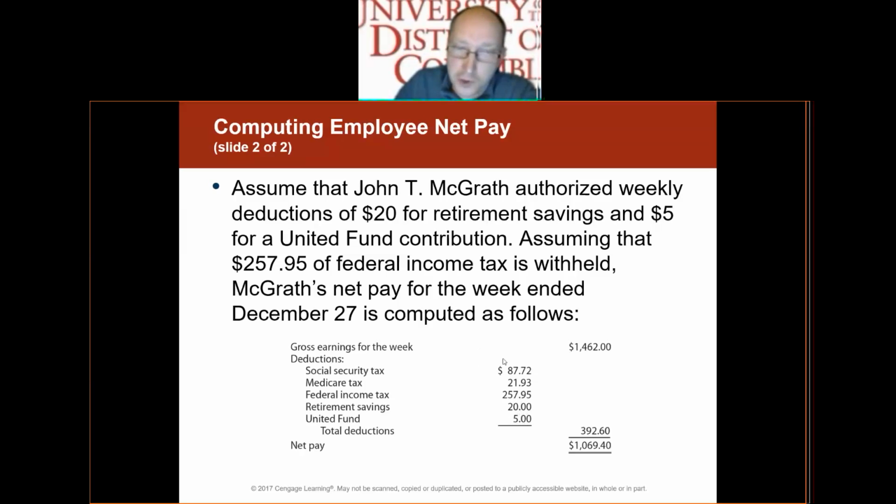So all of John's deductions added together are $392.60. We take his gross pay, $1,462, minus his deductions, $392.60, to get to a net pay of $1,069.40.